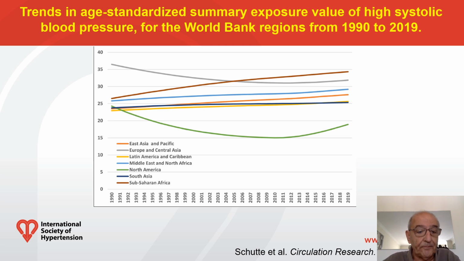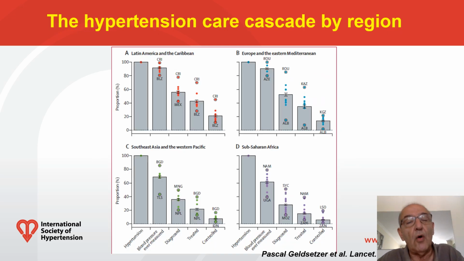But the situation is not only a raised prevalence of hypertension, it is also how we deal with this raised level of hypertension. In this paper that we published a few years ago, comparing the situation in Sub-Saharan Africa with the situation in Latin America, Europe, and Eastern Mediterranean and Southeast Asia, you can see that the cascade of diagnosing and treating high blood pressure is worse in Sub-Saharan Africa.